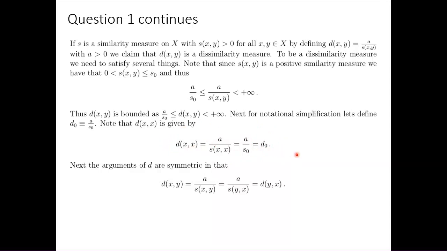You see, that's where it differs from the metric. D(x,x) was supposed to be 0. So this is not a proper strict metric, but I can subtract D0 and then make it a metric. If I make the definition A over S(x,y) minus D0, then it will be all fine.